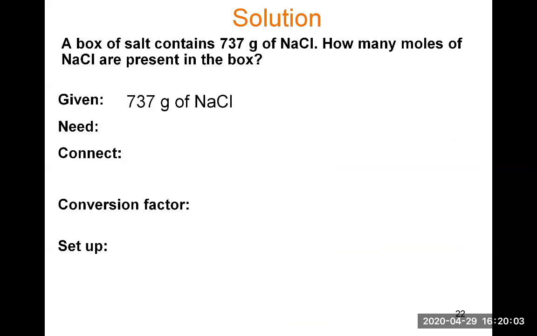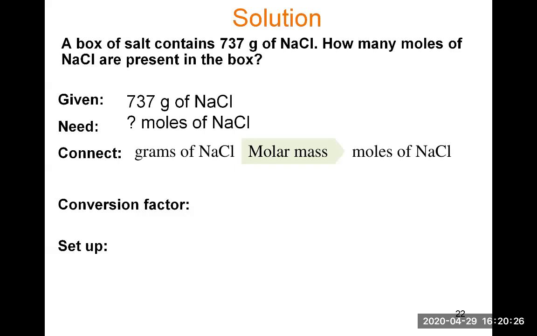So we are trying to find the number of moles of NaCl that 737 grams of NaCl contain. So you want to write the roadmap that shows what you start with and what you want to end with. And so here it's grams of NaCl that are given and moles of NaCl that are wanted.